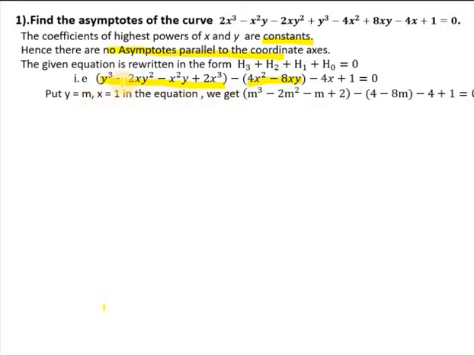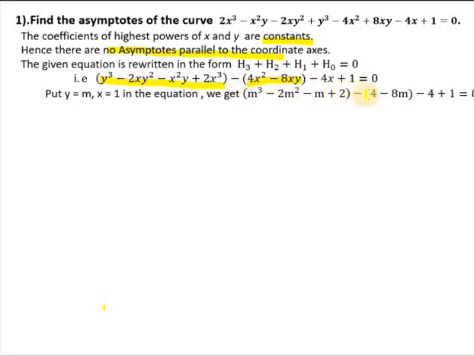So we get m cube, since y is equal to m. Then minus 2xy square, 2 into 1 into m square, that is minus 2m square. Then x square y is 1 into m, that is minus m, plus 2 into 1 cube, 2. So the first term becomes m cube minus 2m square minus m plus 2.